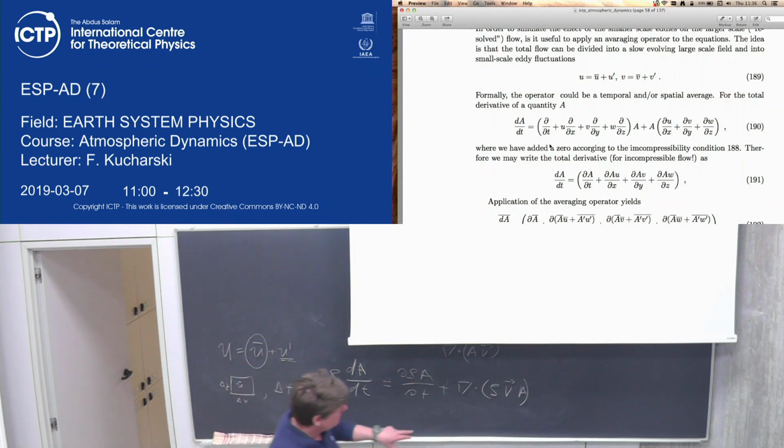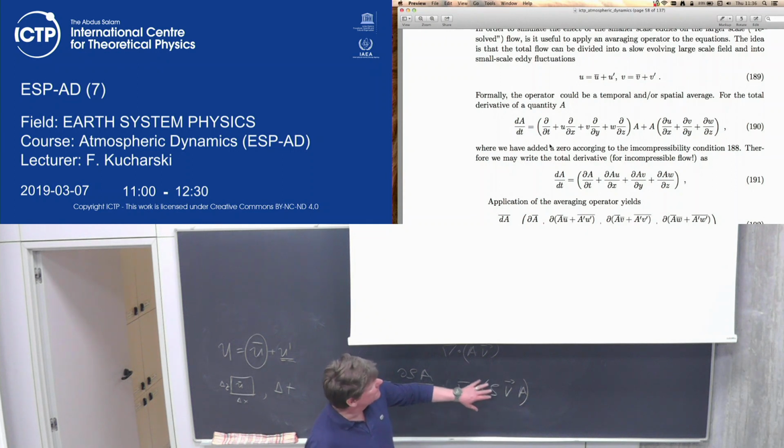But you see, now you can see already what the problem will be. In this, we will now decompose this operator into mean parts and fluctuation parts. That means the highest order fluctuations you can get from this product is a double A primed, U primed.